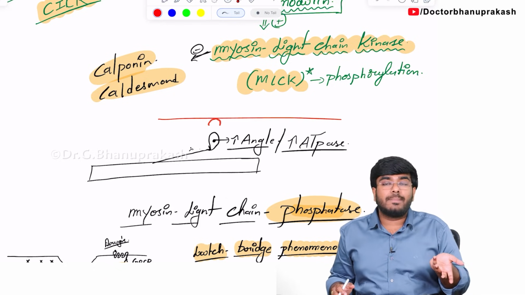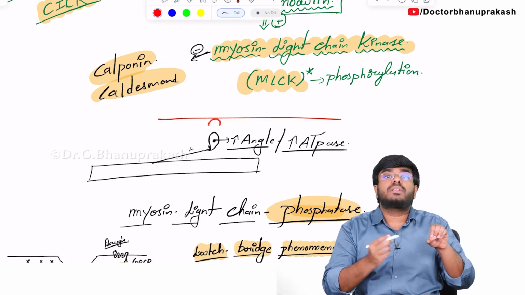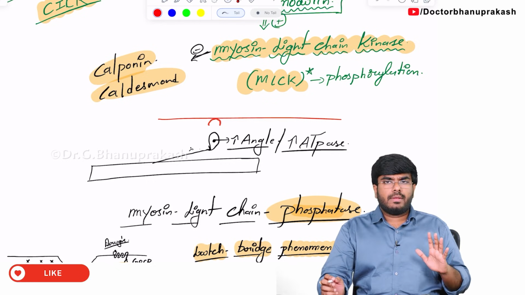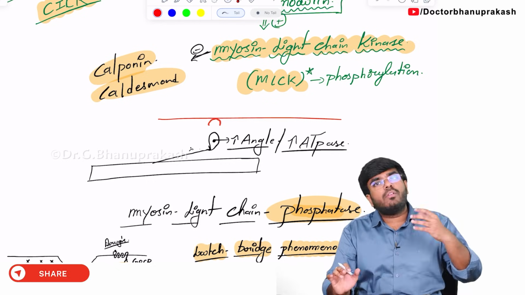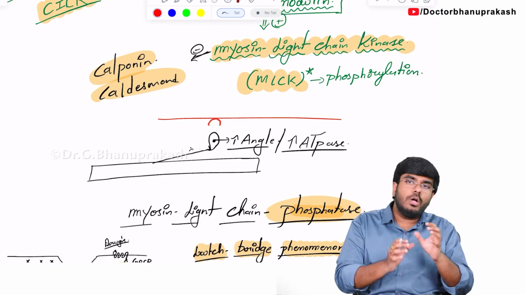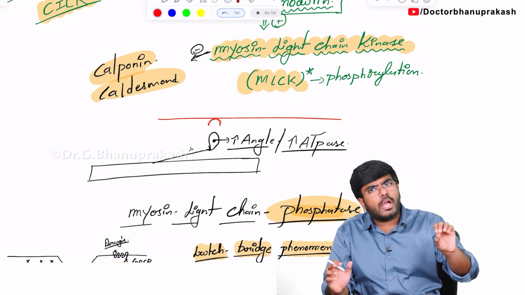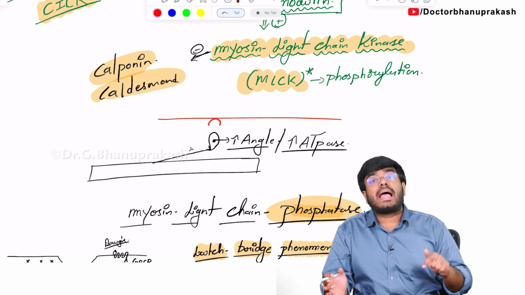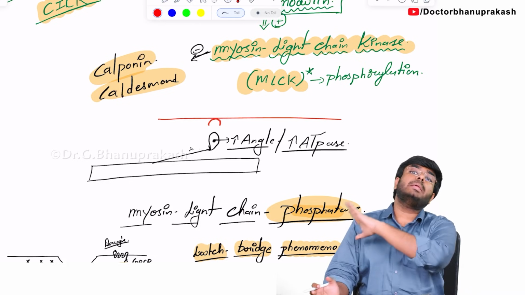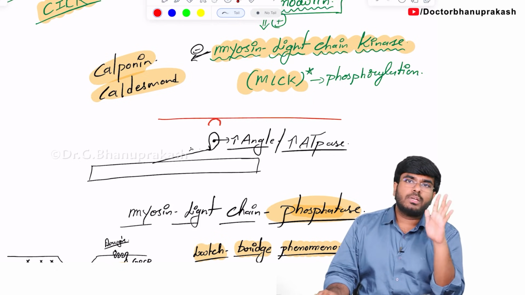So, in the vascular smooth muscles, even without ATP, they are always in contraction phase. Even after the relaxation phase, these heads are still binding with the active sites and the muscle is still in a contracted phase. So, contraction is maintained even without the ATP. That is called the latch bridge phenomenon, which is seen in the smooth muscles.